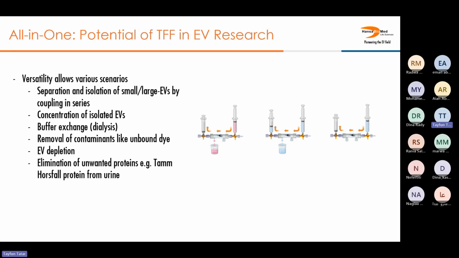This can be unbound dye or unbound antibodies, EV depletion from FBS, for instance, since it is a very expensive alternative as a non-contaminant conditioning medium. You can just buy undepleted FBS and deplete at home. And you can even use it for elimination of unwanted proteins such as THP from urine or casein from milk, whatever you are working with.